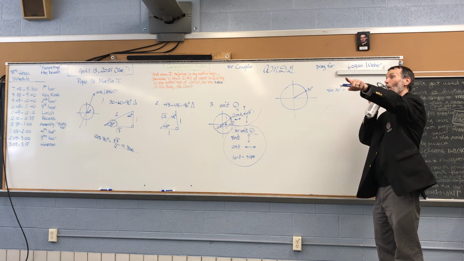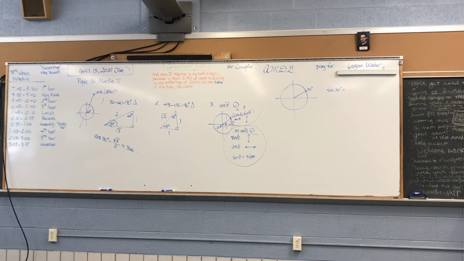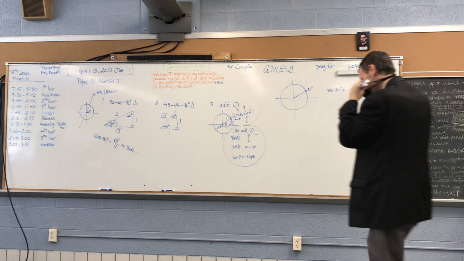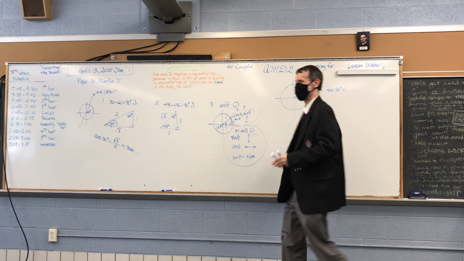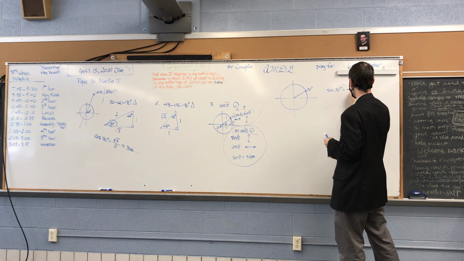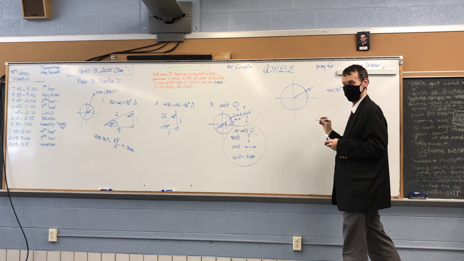The 30, 60, 90 triangle. Using opposite and hypotenuse, what do you get as a fraction? 1/2.